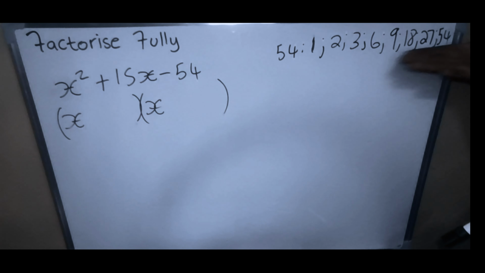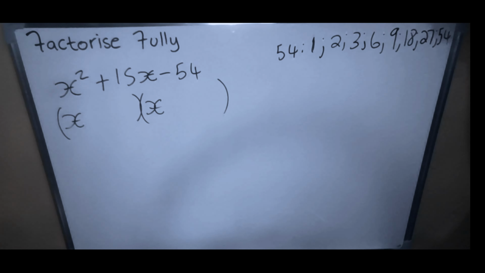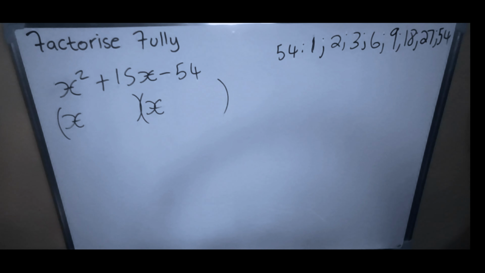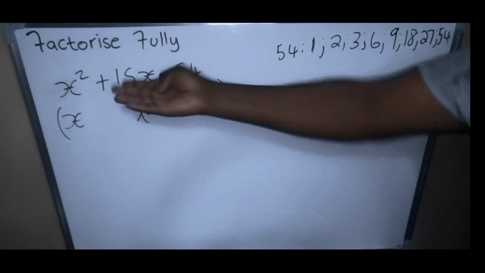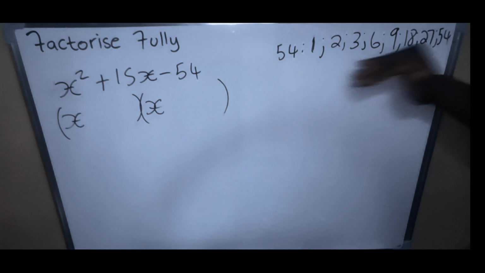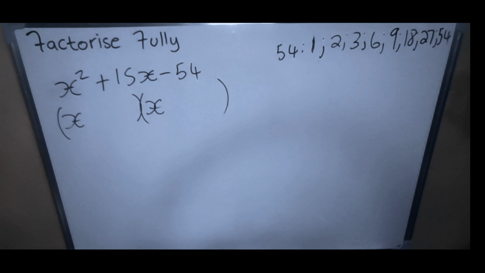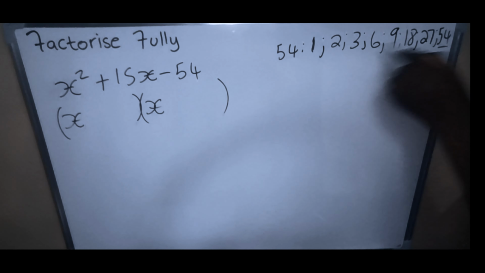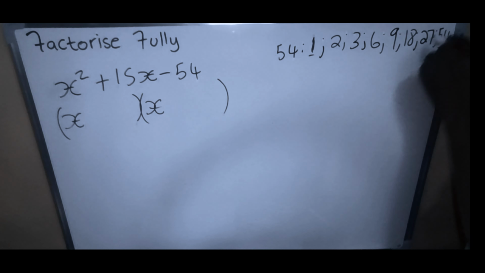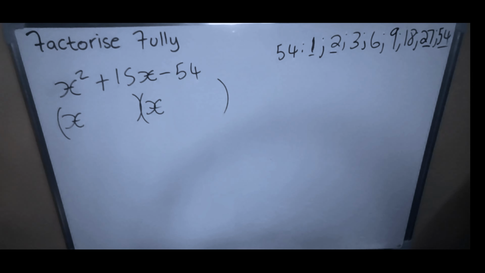Now, from these factors, you need to find the ones that you can multiply to give 54 and add to give the middle term, which is 15. Let us start with 54 times 1. 54 times 1 is 54, but 54 plus 1 is not 15. 27 times 2 is 54, but 27 plus 2 is not 15.